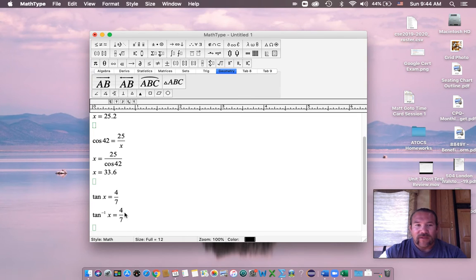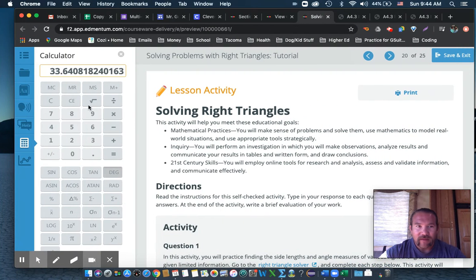Okay, so here's how I'm going to perform this operation in my calculator. I'm going to do 4 divided by 7. I'm going to hit equals. So that decimal is the decimal value for the ratio for that inverse amount. So all I have to do now is press this button right here to get my answer.